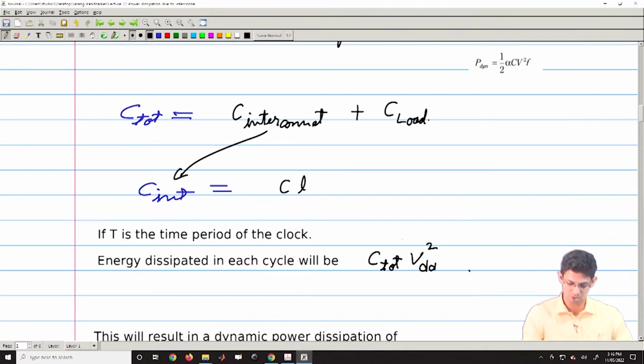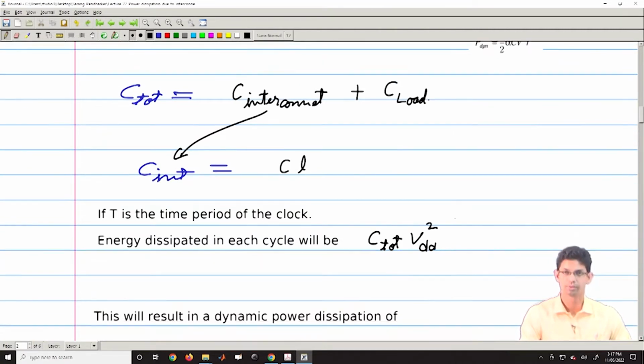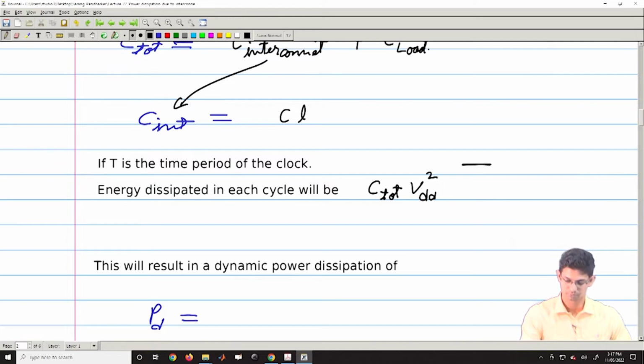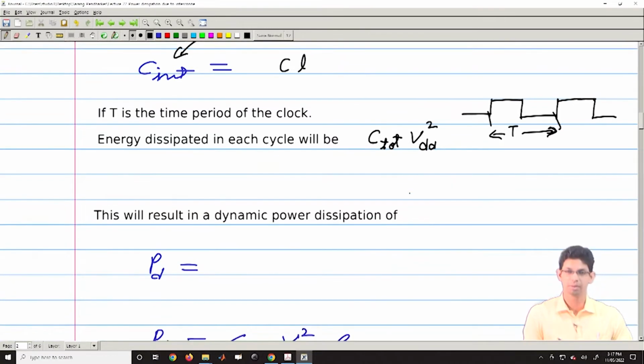So, your clock is something like this. This is your T. In this time, what is the energy lost? This is the energy loss. So, this will result in the dynamic power dissipation.